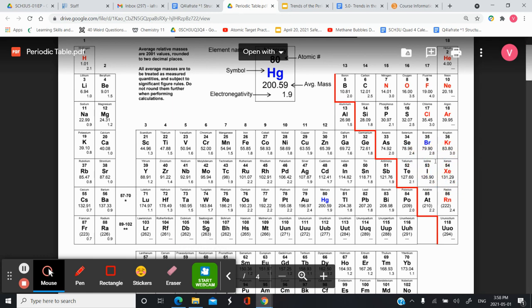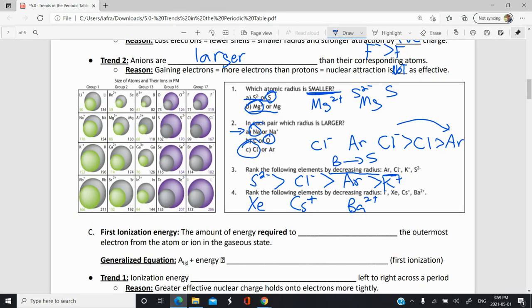So the ion is larger than xenon, which means that iodide is the largest one here. So that's larger than xenon, larger than Cs+, larger than Ba2+. So that would be our arrangement in decreasing order of ionic radius and atomic radius.